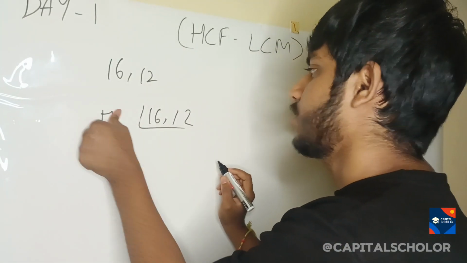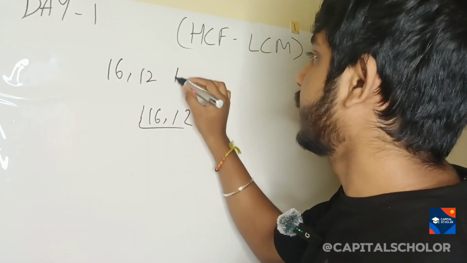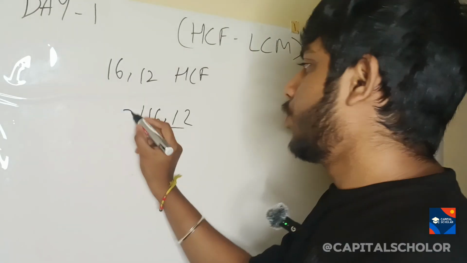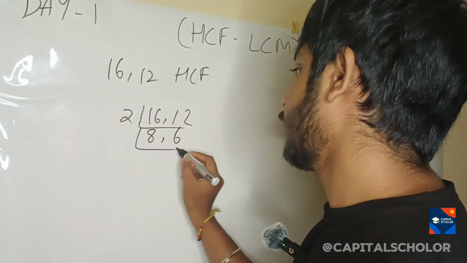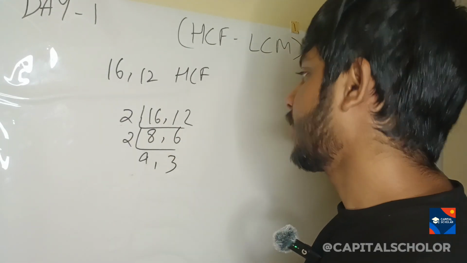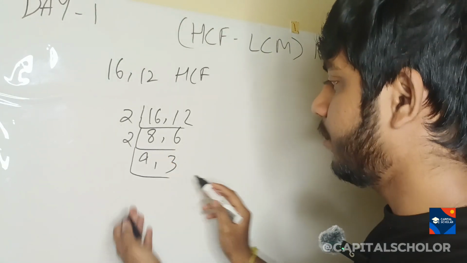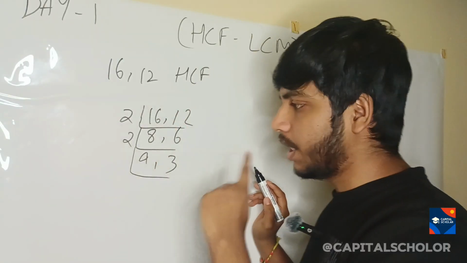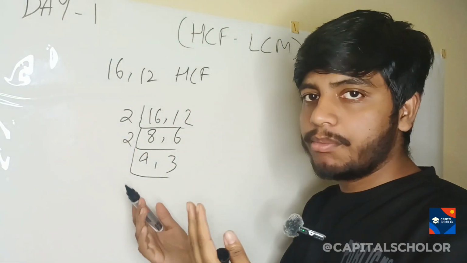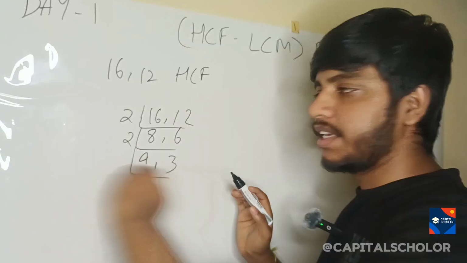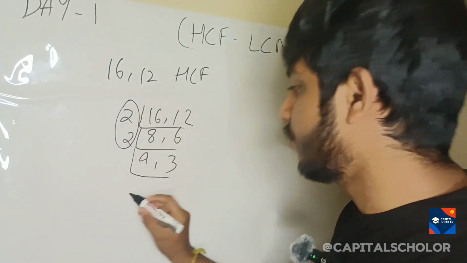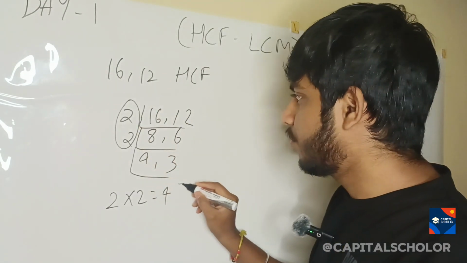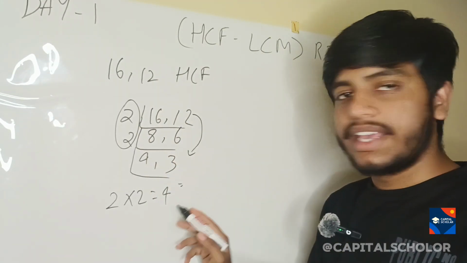Dividing by 2: 8 and 6. Again by 2: 4 and 3. Now these numbers cannot be divided by any number apart from 1, so let us stop here. This gives the HCF: 2 into 2 is 4. So the HCF of 16 and 12 is 4.